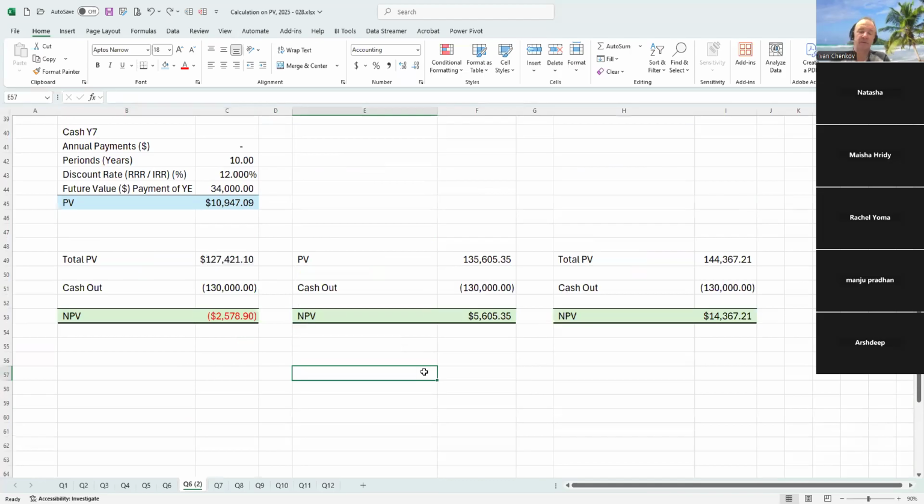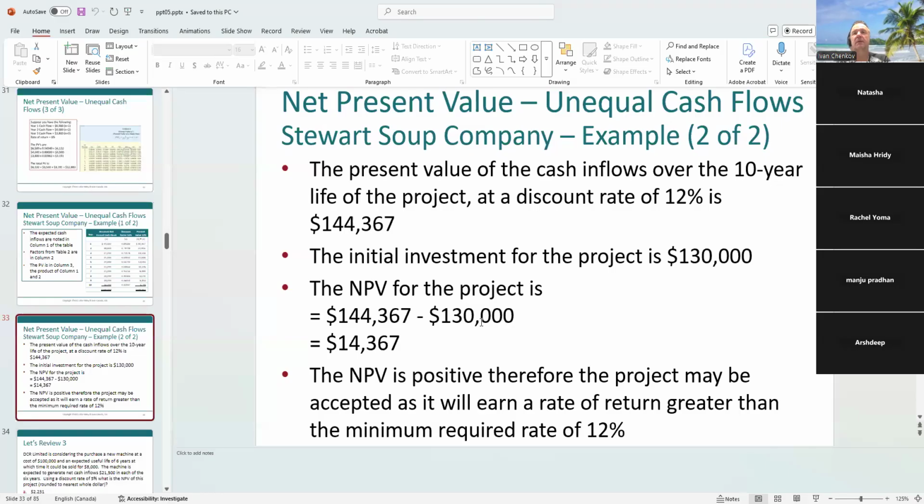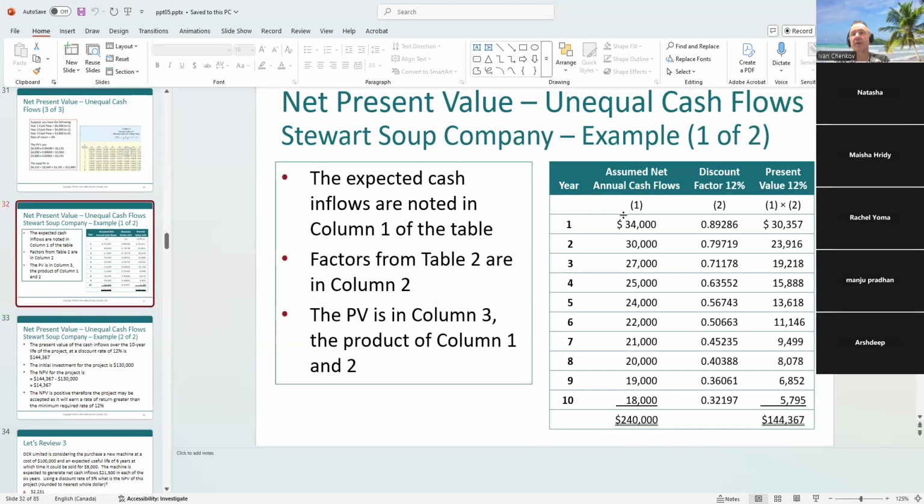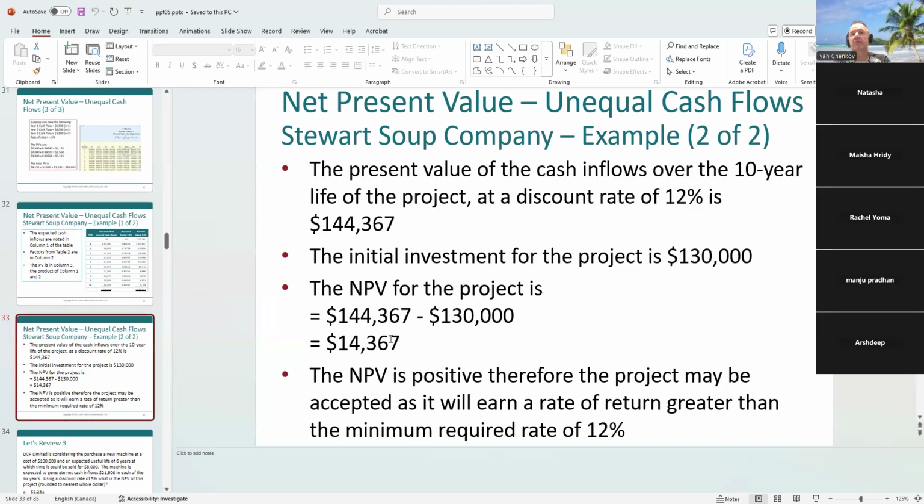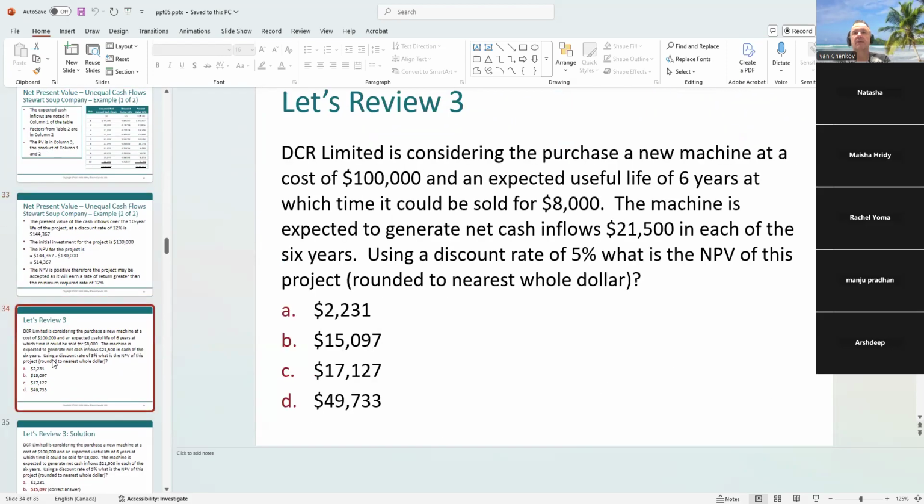That's how sensitive this calculation is. So let's go back to our slides and continue with the slides. Obviously, in this case, with those cash payments in this order, this investment is acceptable because it guarantees you the 12% return. Let's do this question now.